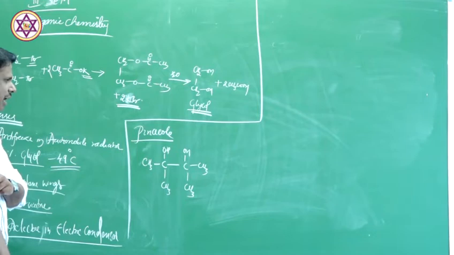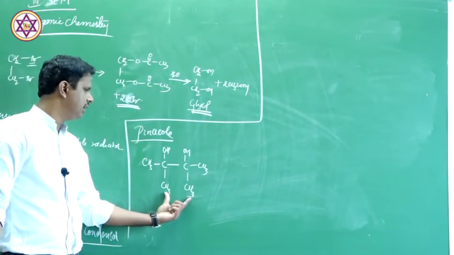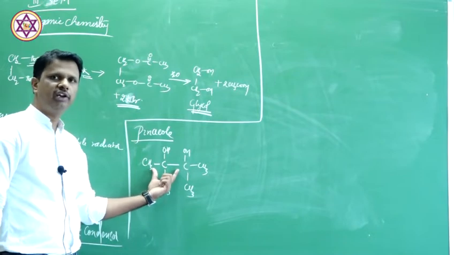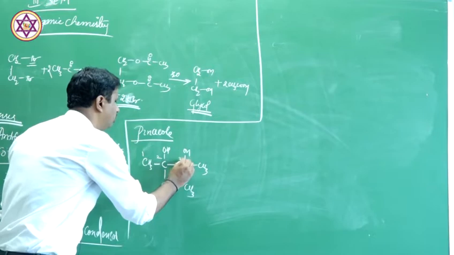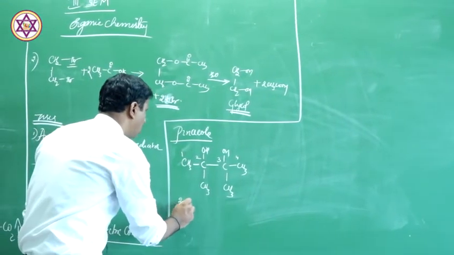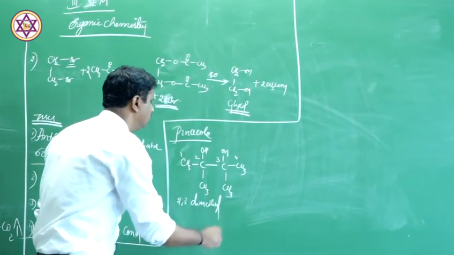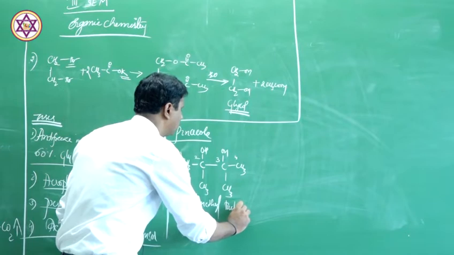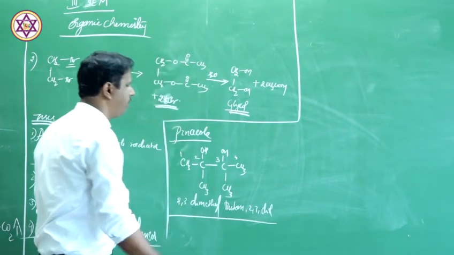The correct IUPAC name of this molecule is 2,3-dimethylbutane-2,3-diol. We number the carbons 1, 2, 3, 4. So this is pinacol, and this is its IUPAC name.